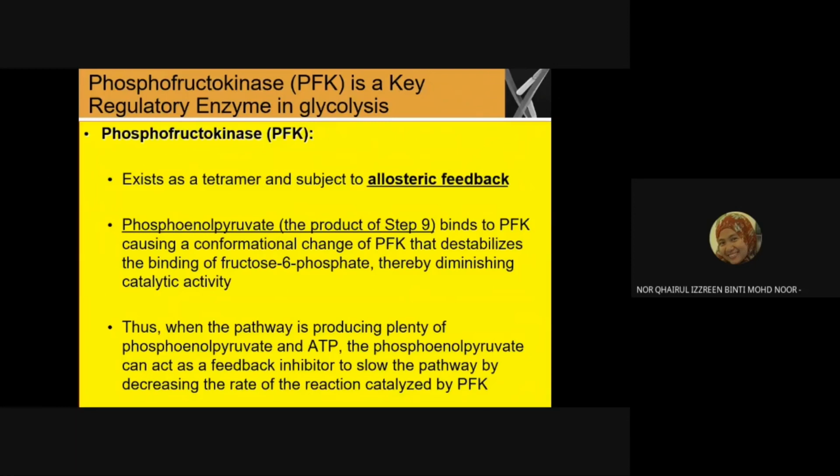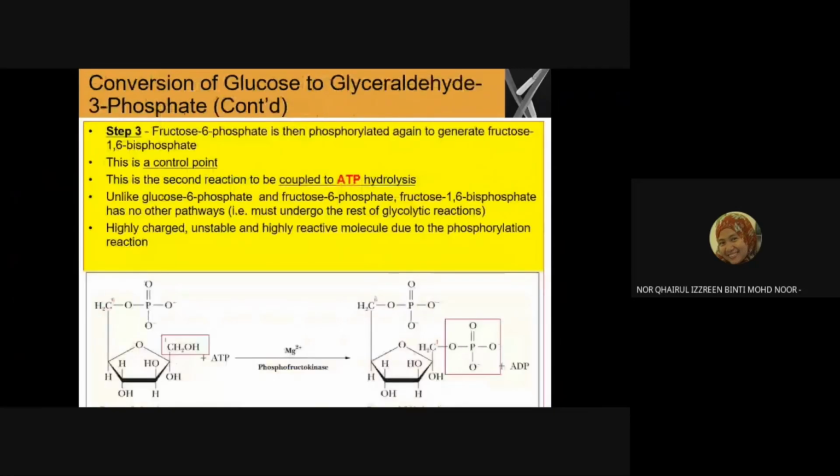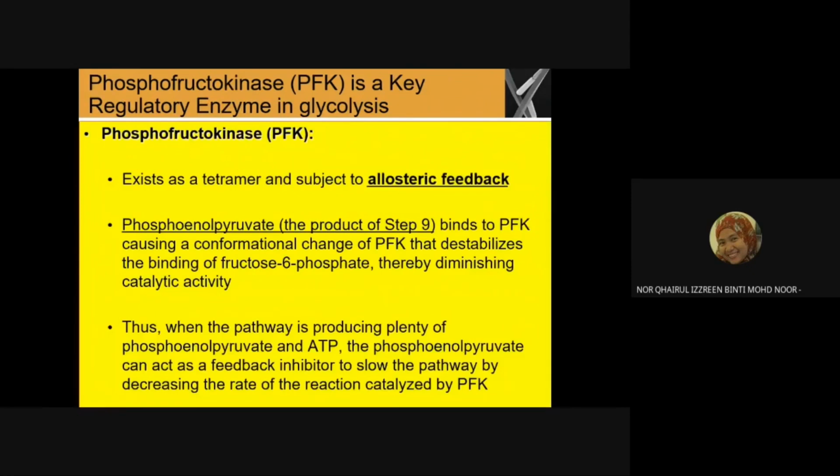When the conformation changes, the enzyme cannot bind to fructose 6 phosphate, meaning the previous step number 3 cannot occur because there is no enzyme to bind fructose 6 phosphate. So you cannot produce fructose 1,6 biphosphate.